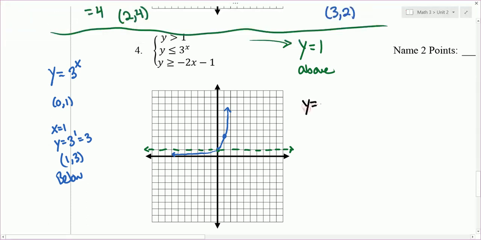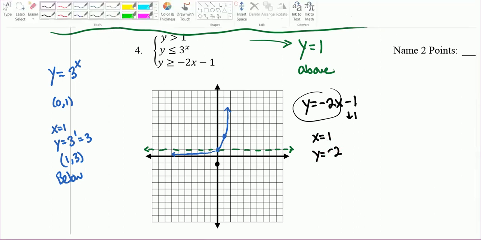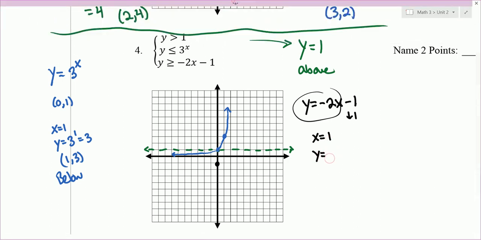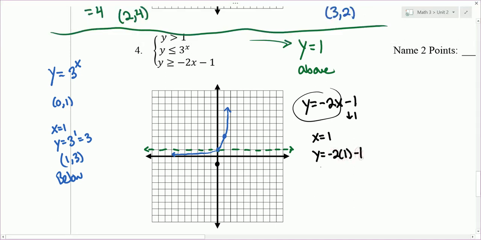y equals negative 2x minus 1. That's going to be a line, and y equals negative 2x is the parent graph part, but it's been dropped down 1 unit from (0, 0). So that gives us our y-intercept there. If we pick another x value like x equals 1, we get y is negative 2 times 1 minus 1, which is negative 3.